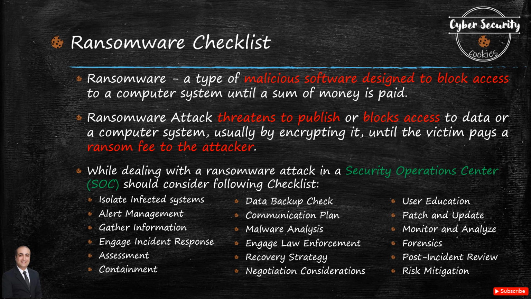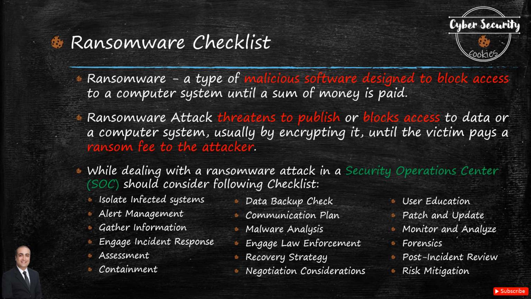Then the attacker will force you to pay for the key which is used for the decryption. So the entire attack is, again, to block the access. It wants the victim to pay some kind of ransom. It could be Bitcoin, could be financial, could be other things as well.